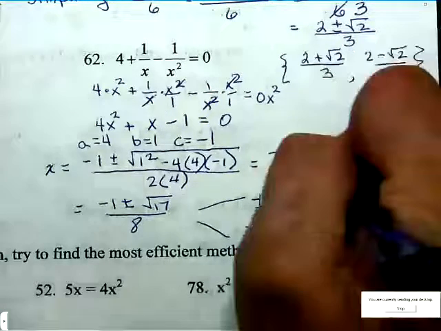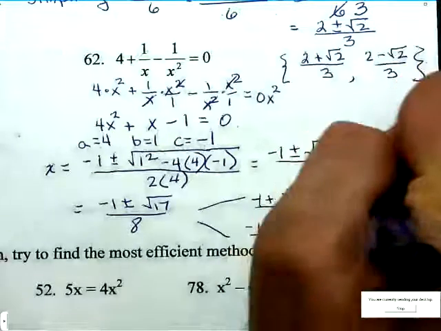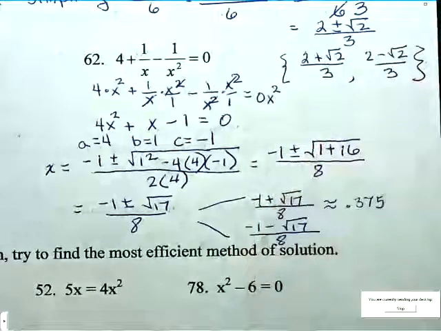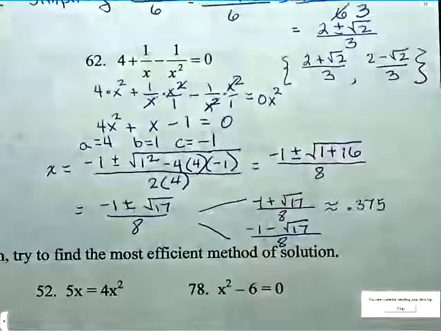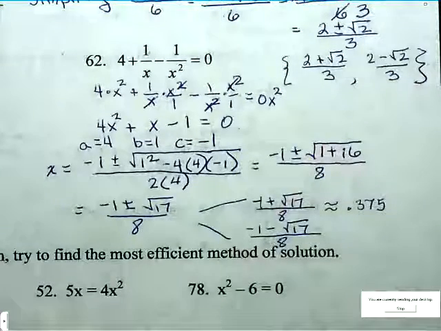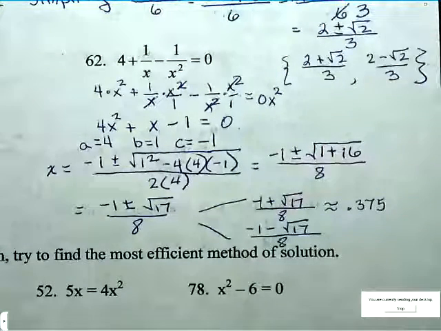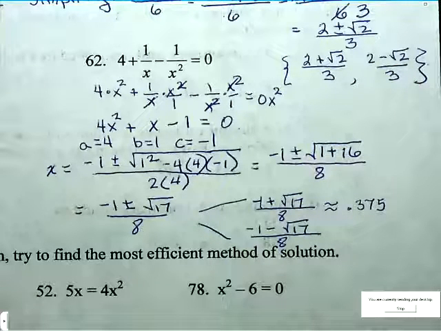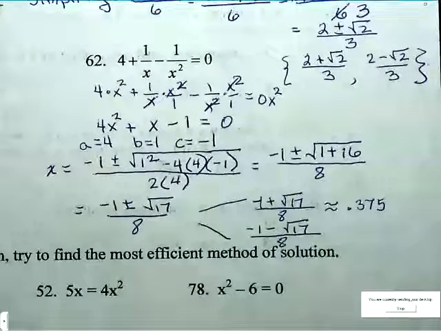It's about 0.375. I just know because I deal with 8s so much, I know that 1/8 is 0.125, 2/8 is 0.25, 3/8 is 0.375. It's just not that I can do division that quickly in my head, but I've worked with 8s a lot.